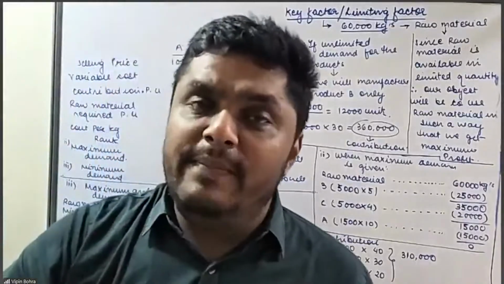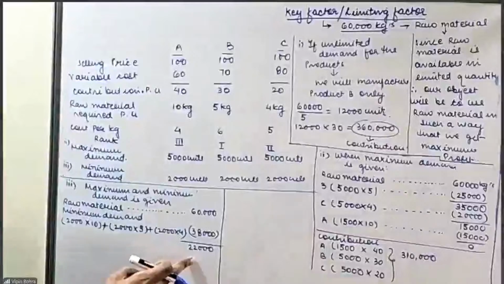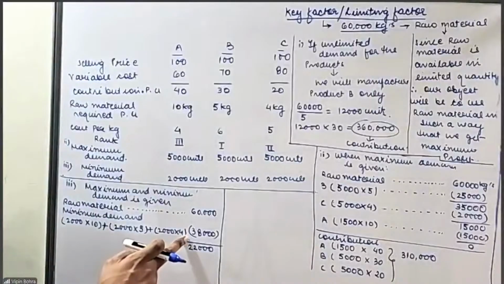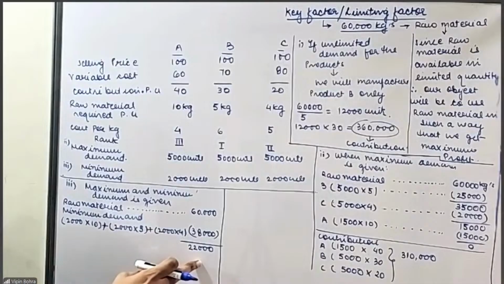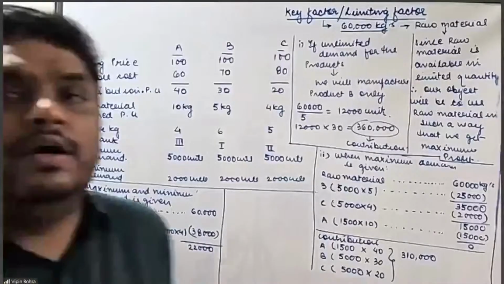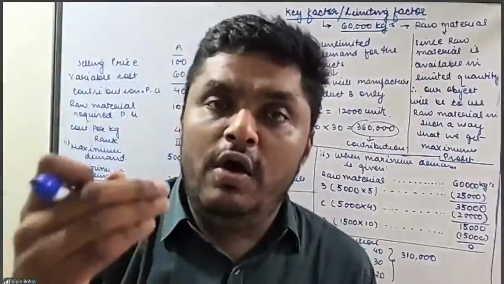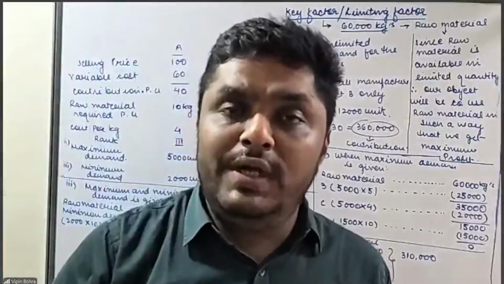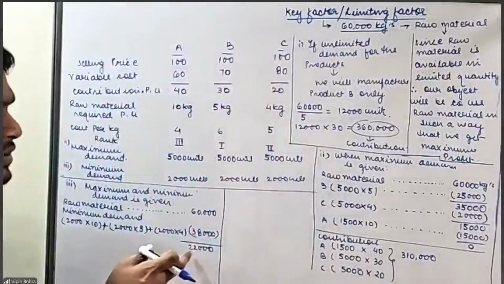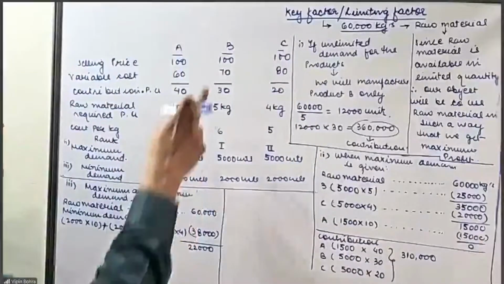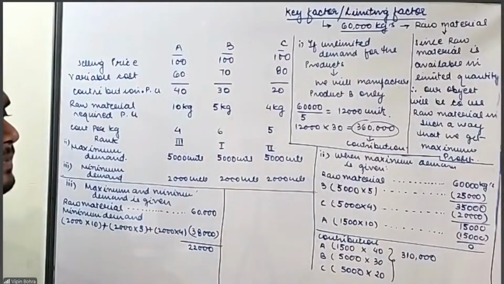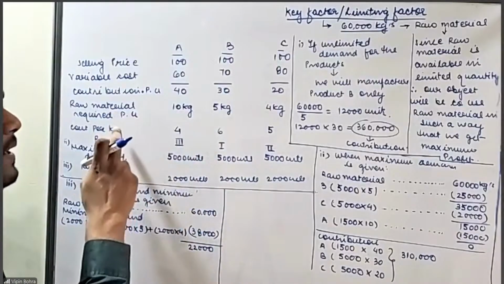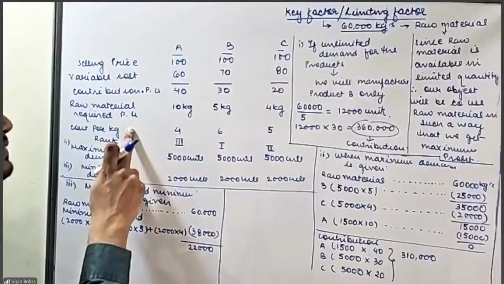So once the minimum demand is fulfilled, we have utilized 38,000 kgs, and we are still left with 22,000 kgs. When talking about these 22,000 kgs, we will first utilize this quantity to manufacture product B, because the first priority is given to product B since the contribution per kg of raw material is highest.